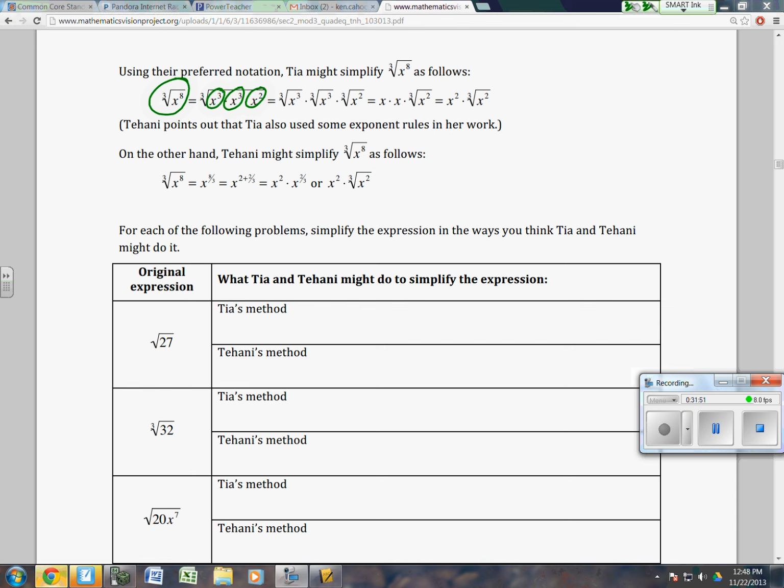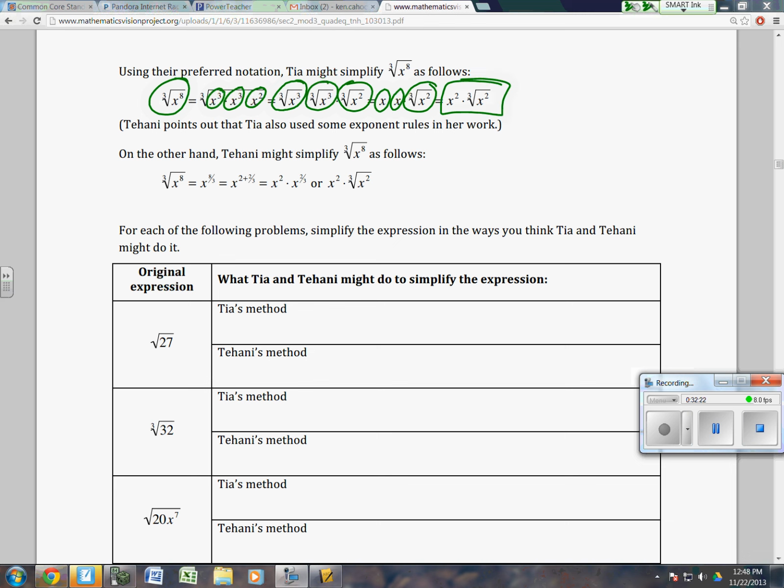Then they separated it using that rule where we can separate the radicals into a cube root of x cubed, cube root of x cubed, and a cube root of x squared. And we learned that if it's a cube root and a cube, they undo each other and it just becomes x, right? X times x. That leaves you with the cube root of x squared, which can't be simplified. The x times x is x squared, and you get that answer right there.